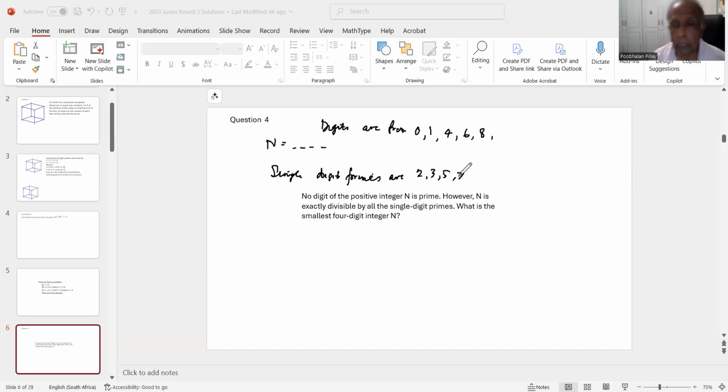Right? Okay, so your n is divisible by all of them. So these 4 are factors of n. N is divisible by each one of them.